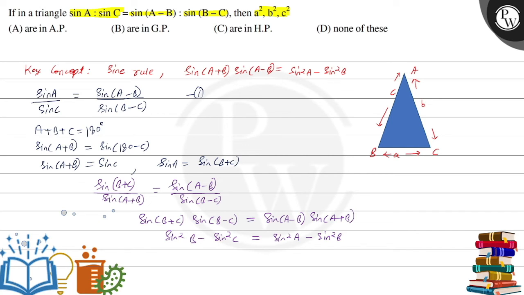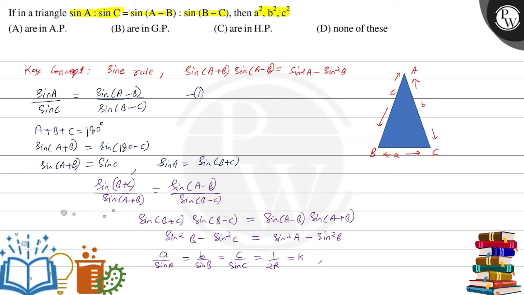By the sine rule, as we know, a upon sine A is equal to b upon sine B is equal to c upon sine C, and that is equal to 1 upon 2r, which can be assumed to be a constant K here. ठीक है, so इसमें हम sin A की वैल्यू रख सकते हैं, like sin A is equal to a by K, or it can be written as sin square A is equal to a square by K square.